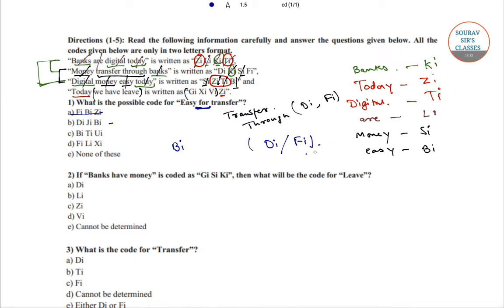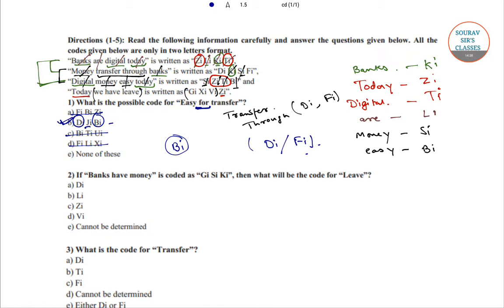So DI or FI is not present, so it is not possible. And in the next option BI is not there, so it is also not possible. So the correct answer is option number B, as it has our BI, one of DI and FI, and JI, which is not present in our code. So the correct answer is option number B.